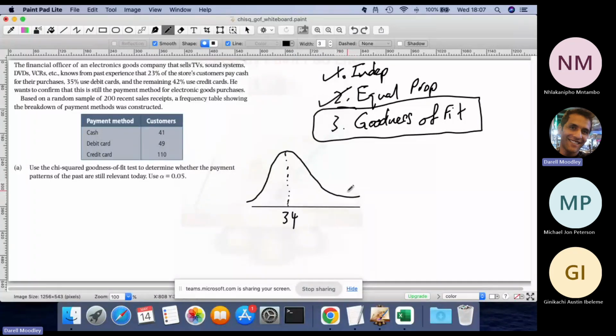Now this distribution could be anything. It could be the distribution of students' marks for this course 10 years ago. And what we want to do is test statistically, has that distribution changed from then to now?